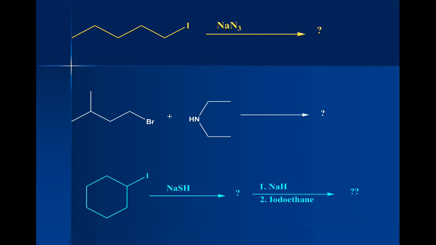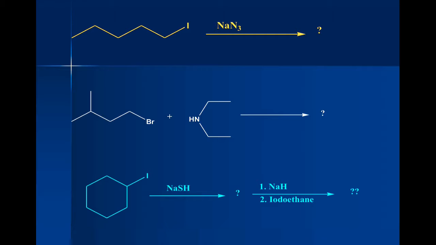The second one, we've got this bromide plus NH, and what do we have on there? Ethyl groups, and a reaction arrow, right? So number one, how are we going to name this alkyl halide? What's the parent?